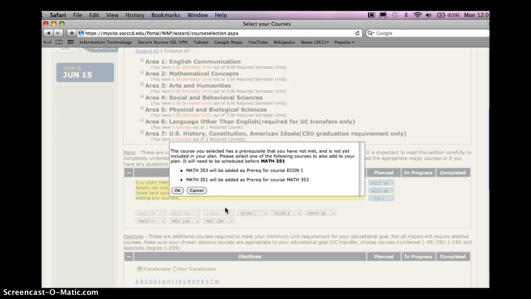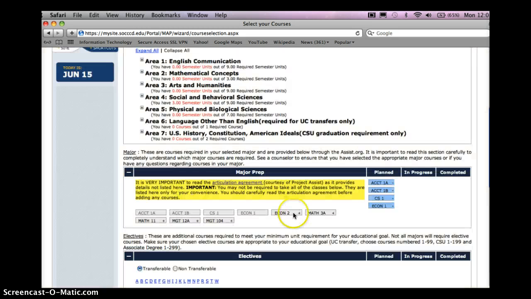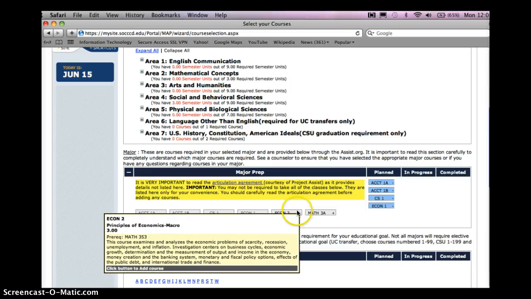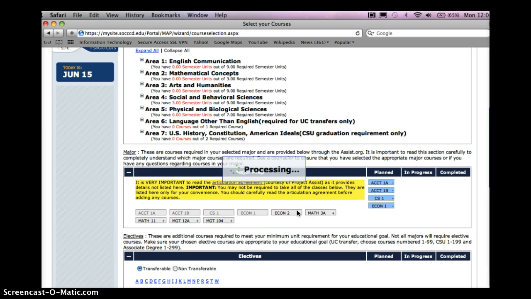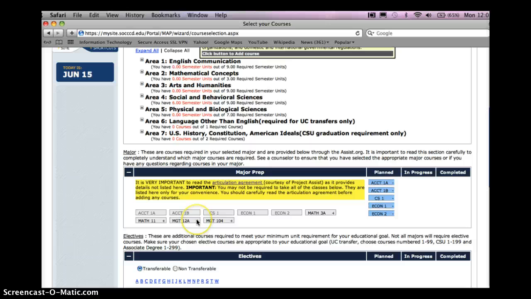So what MAP will do, it will also automatically populate the prerequisites into my plan. In this case, it will populate the math that I need in order to be able to take Econ 1. Econ 2. Go ahead and skip the math classes for a second.